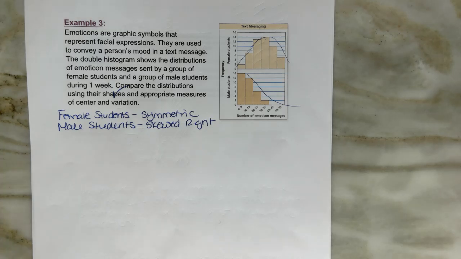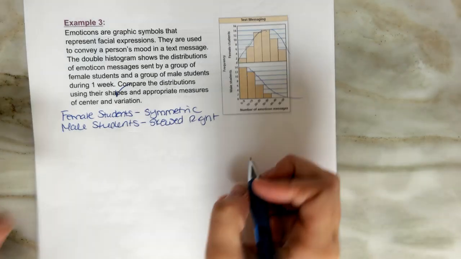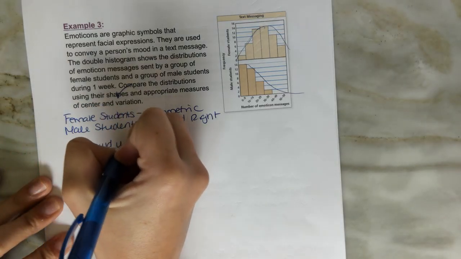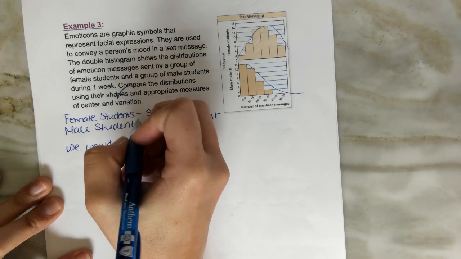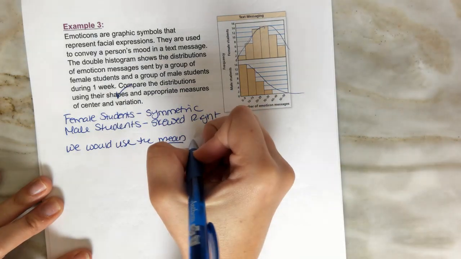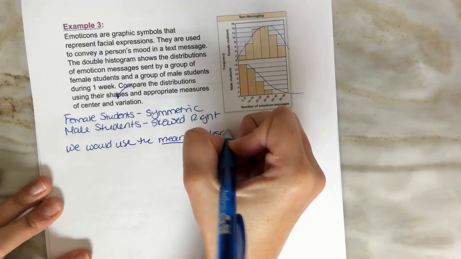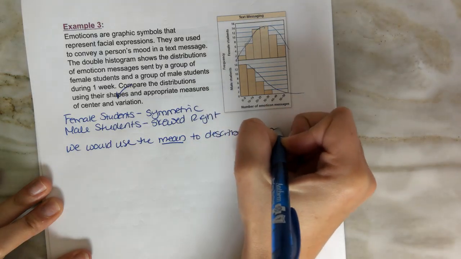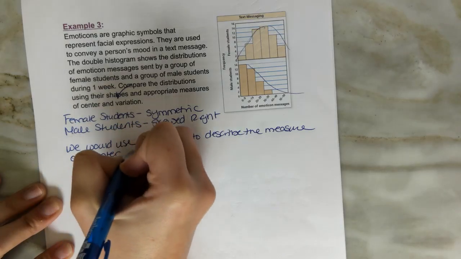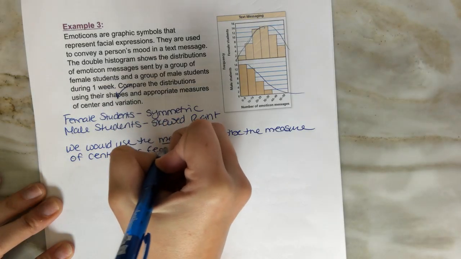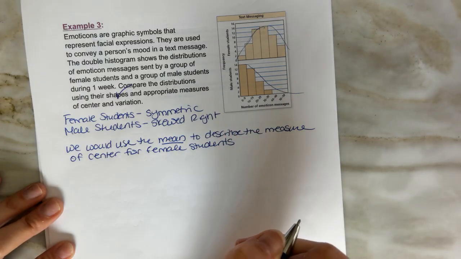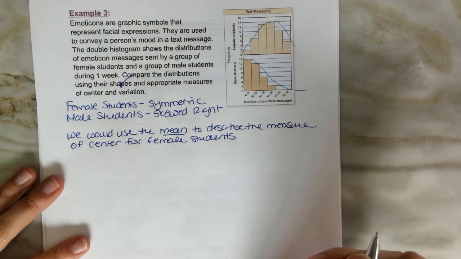Appropriate measures of center. Well, for the female students, we would use the mean to describe the measure of center for female students because it is symmetric.